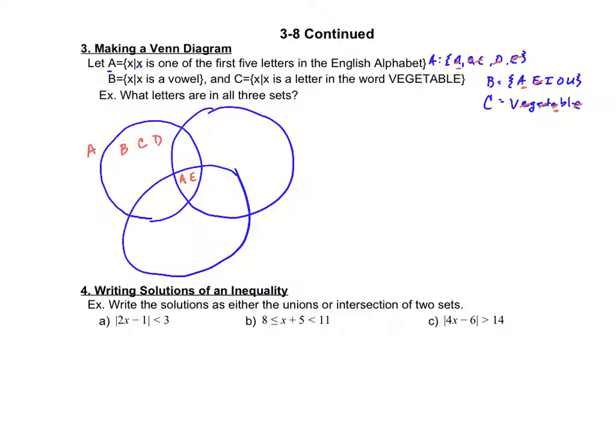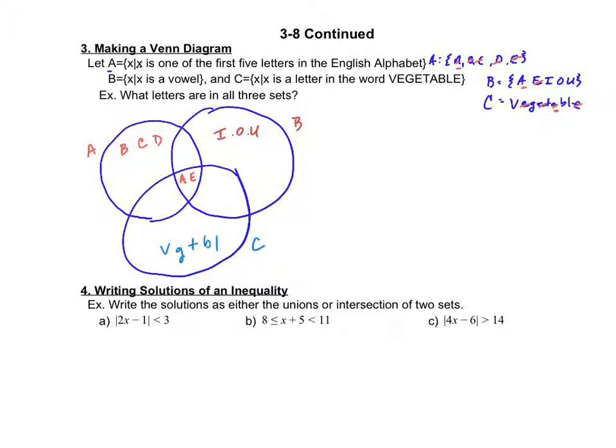Let me see. If we go to B, we know that we've already used the A and the E, and we have I, O, U, which is not used in anything. And then if we look at set C, we are missing the V, the G, the T, B, L. So there we go.